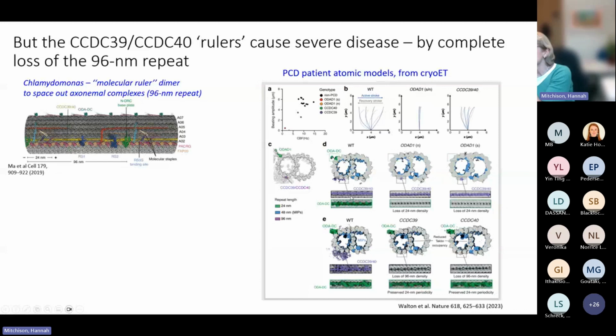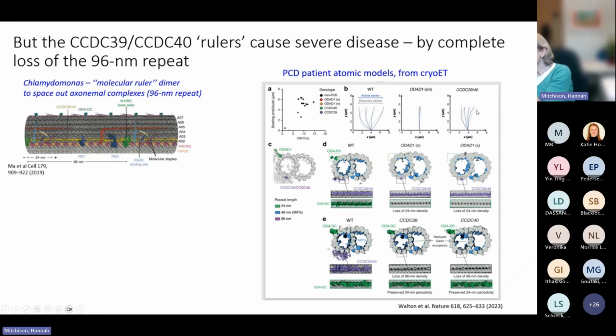This is a wild type. Looking along, they do have their CCDC39/40, but they completely lack the 24 nanometer density, and that's over here. That's the outer dynein arm.